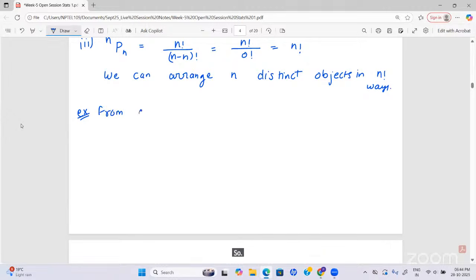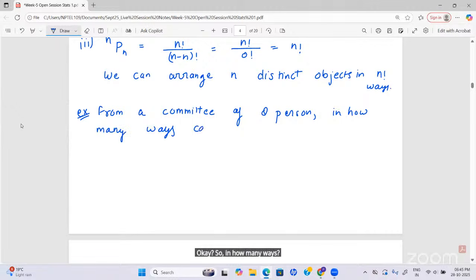So suppose from a committee of 8 members, in how many ways can we choose a chairman and a vice chairman?